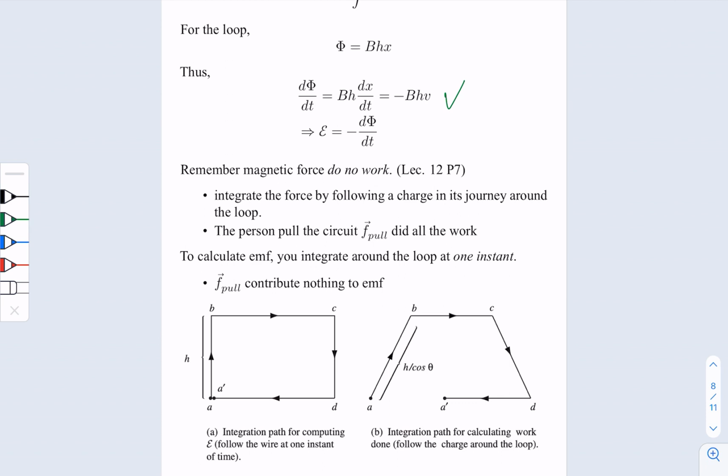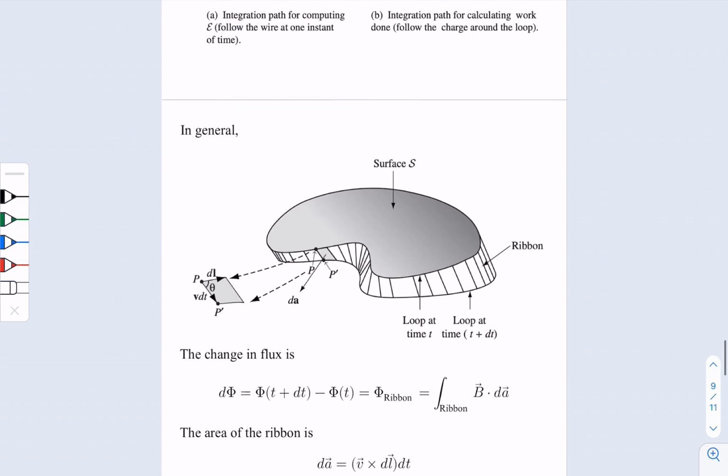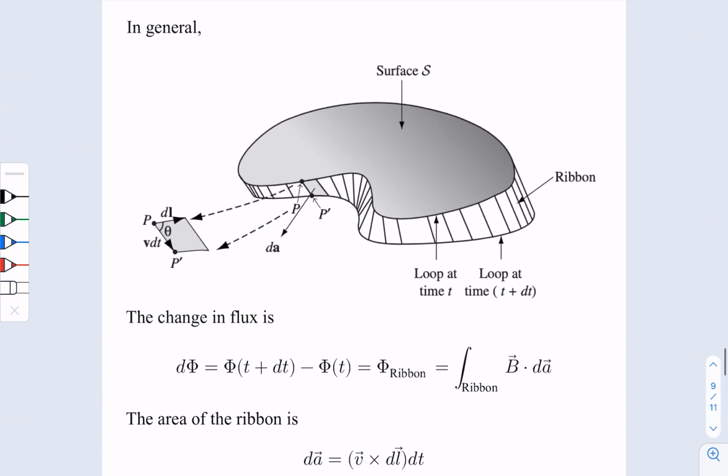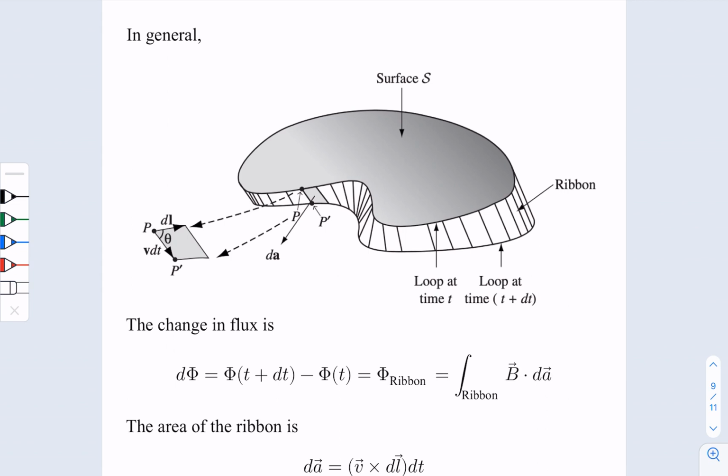So the EMF here is contributed by the magnetic field alone. I'm trying to convince you that the work done by the magnetic field is zero, but somehow the magnetic field is responsible for this EMF. Now the conclusion, as I said earlier, is that we are not only limited to the simple case where the motion of the circuit produces a change of flux.